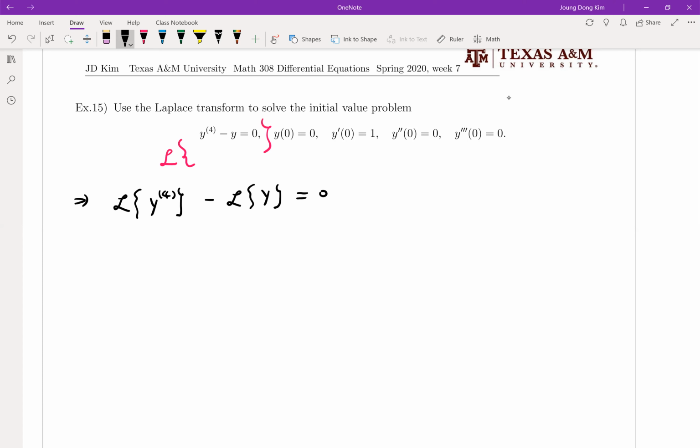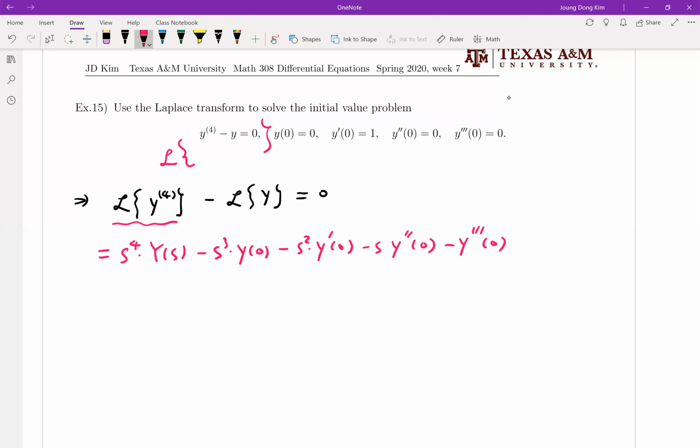And by the lifting, okay? And we already talked about the lifting of this one, right? It is s to the fourth Y of s minus s cubed y of 0 minus s squared y prime of 0 minus s y double prime of 0, and the very last one is minus y triple prime of 0.